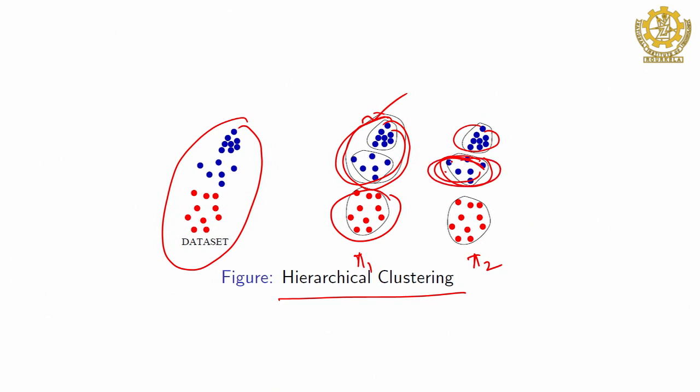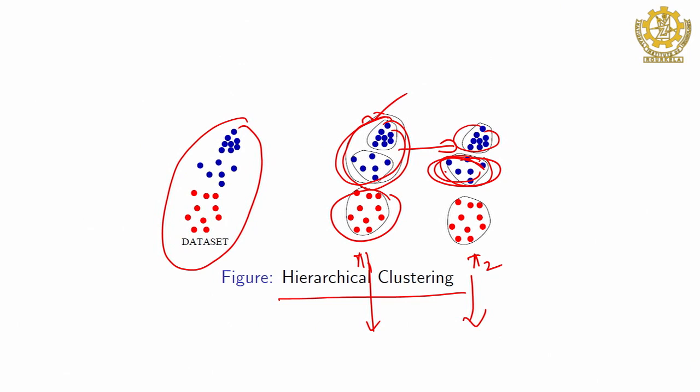But within a clustering there is no such relation. I am saying across the clusterings: this is one clustering, this is another clustering. Within a clustering it is partitional, but across the clusterings this type of relationship will be there in the case of hierarchical clustering.